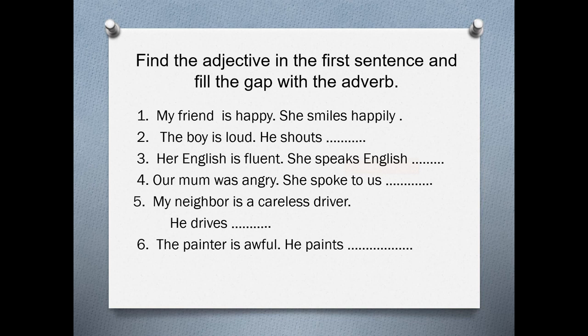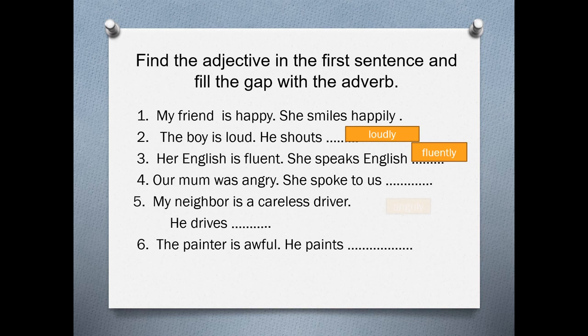Okay, now let's check first sentence. The boy is loud. He shouts loudly. Okay, next one. Her English is fluent. She speaks English fluently. Are you writing on your notebook?